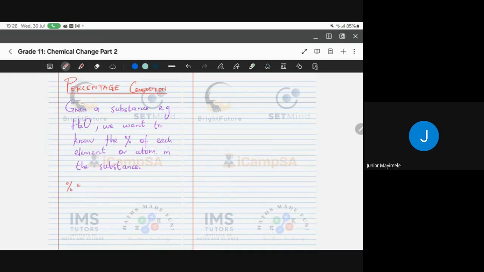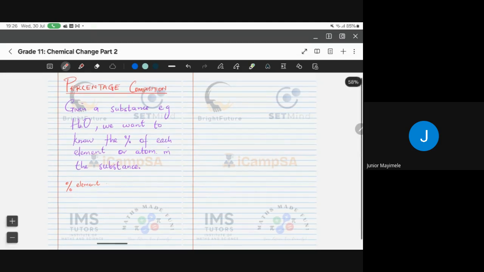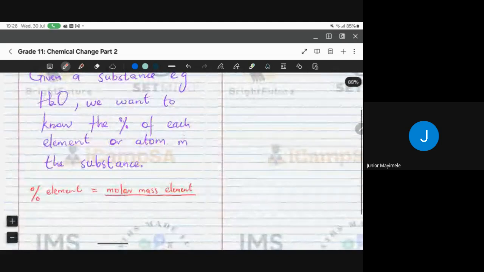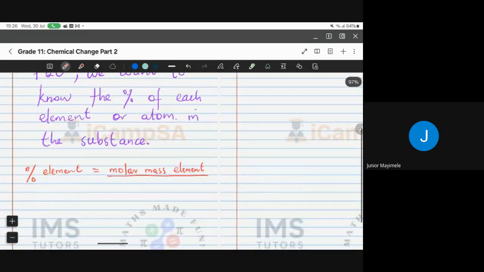The percentage of an element is usually equal to the molar mass for that element over the molar mass of the whole compound or substance, times 100.